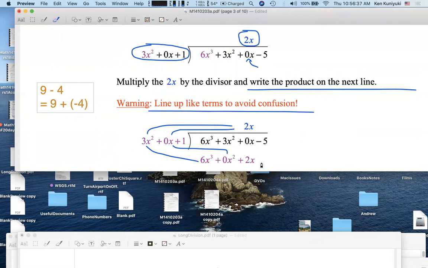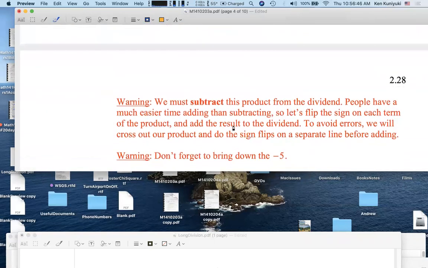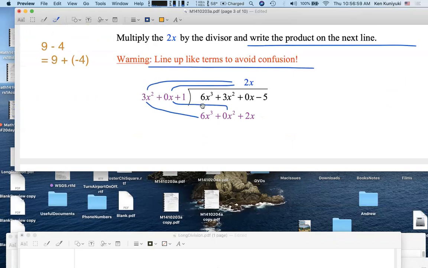I'm going to take the opposite of this middle line here, and then we're going to add. We're going to combine like terms. Remember, we must subtract the product from the dividend. People have an easier time adding this than subtracting. So we're going to take the opposite. We're going to flip the signs on each of the terms of the product. When we take the opposite, you flip each of the signs on the terms.